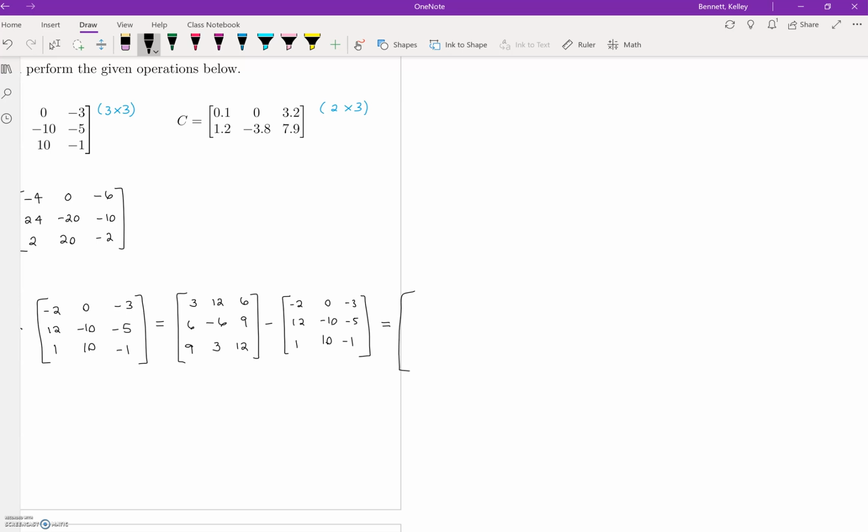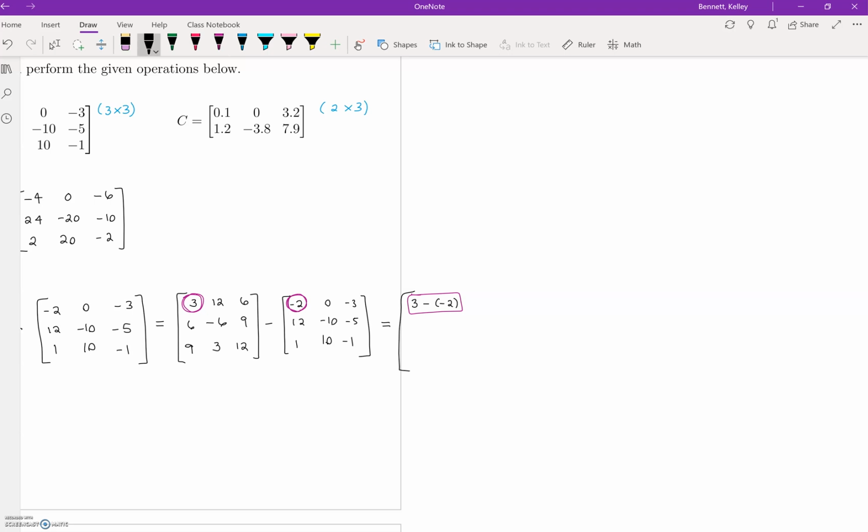So in my first position, I have 3 minus -2. Right? So that comes from here and here. And that's how I get that, right? So I'm looking in the first row, first column for each place, right? So first row, first column of A, or rather 3A, first row, first column for B. That's going to be my first row, first column for the resulting matrix.